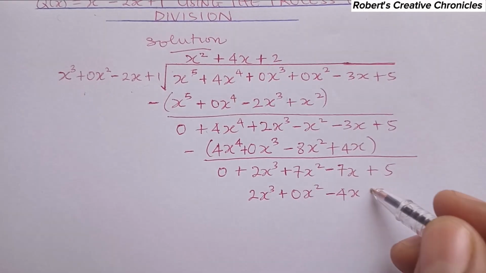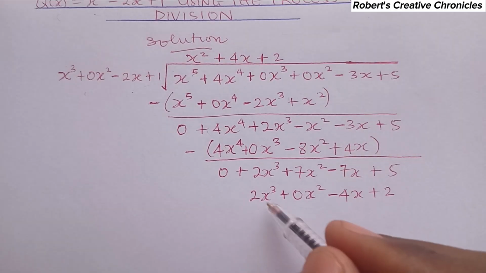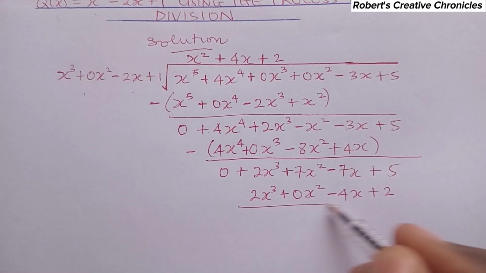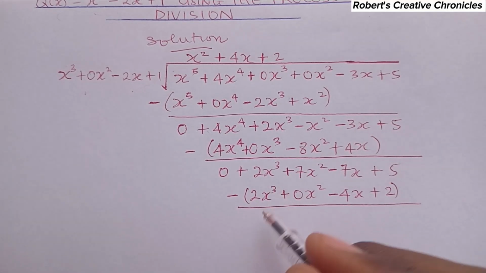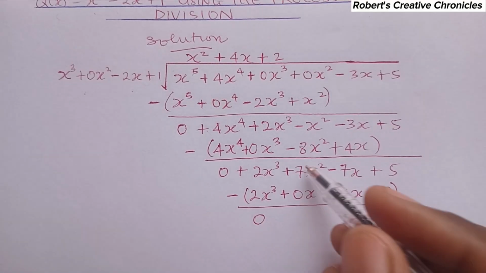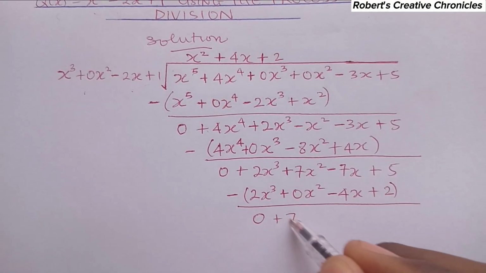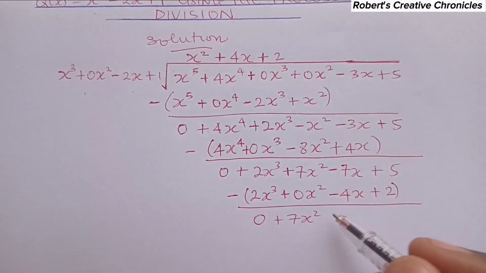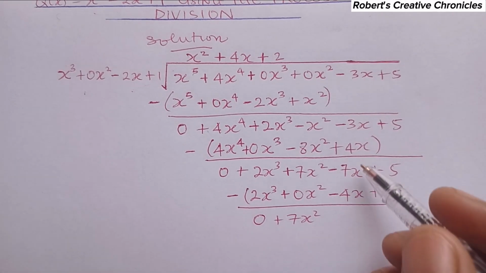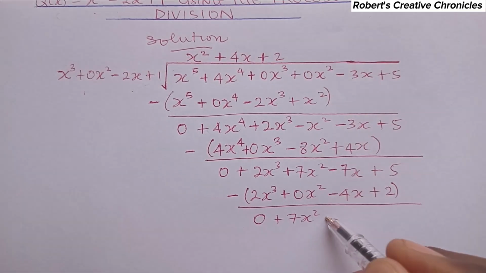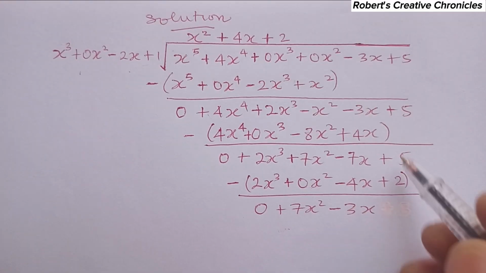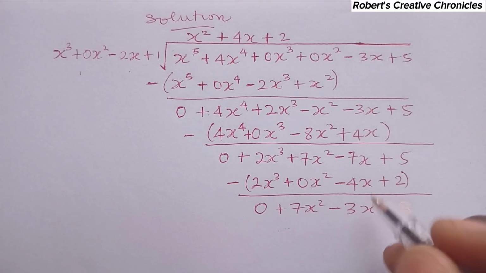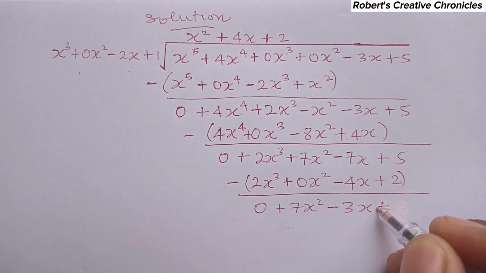Then 2 times this is plus 2. So now we'll subtract this. This minus this is 0. This minus this is plus 7x squared. This minus this becomes minus minus plus, so it's 4 minus 7, which is minus 3x. Then 5 minus 2 is 3. That's plus 3.